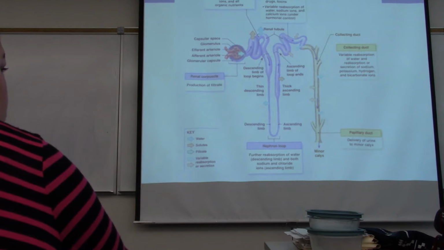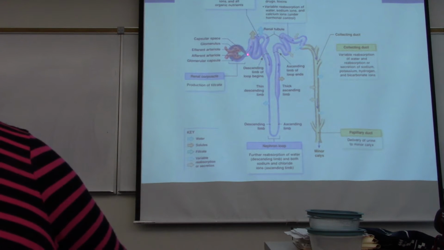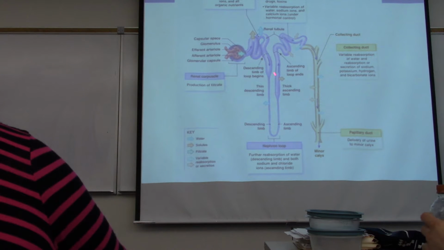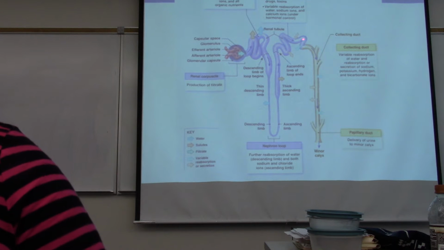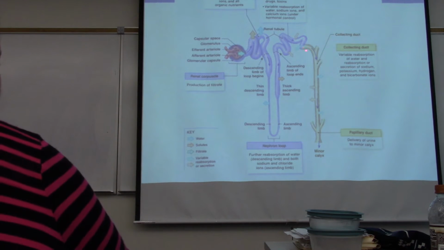We call it filtrate. The filtrate then works its way down through the proximal convoluted tubule here, goes down through the descending loop, the ascending loop, then it goes through the distal convoluted tubule, and then eventually it starts joining into these collecting ducts. Notice that this is a one-man deal.